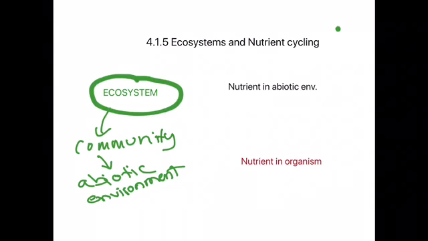In ecosystems, there are two really important facts. Number one, energy has to be constantly supplied. However, nutrients will be cycled.